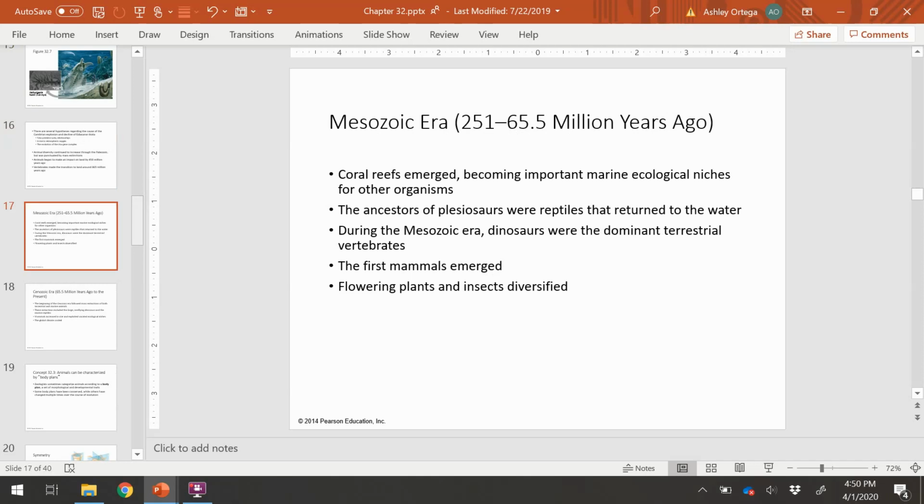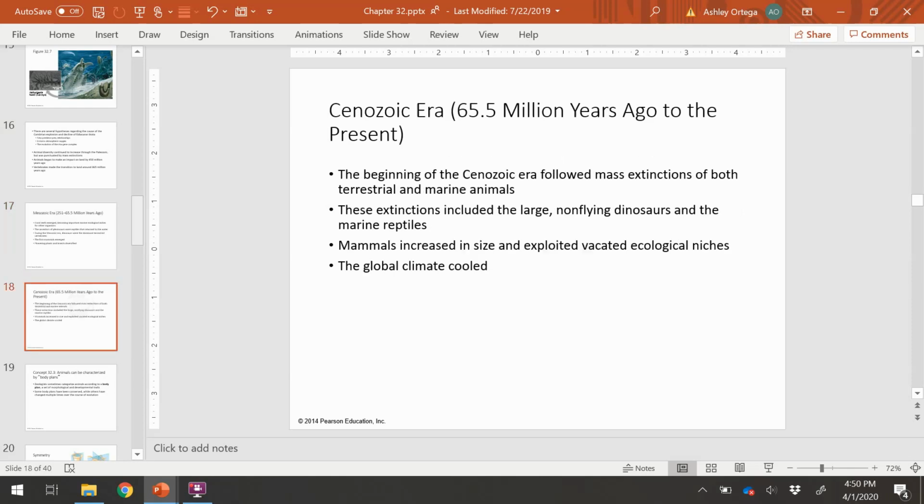Looking at the Mesozoic era, that middle era, there are lots of coral reefs that emerged. There were reptiles that returned to water. Dinosaurs were dominant during this time on the land, but mammals emerged, and flowering plants and insects diversified as well. And then the most current era, the Cenozoic era, had the extinction of terrestrial and marine animals.